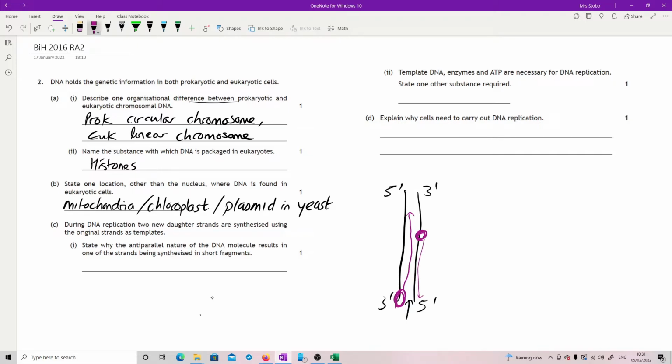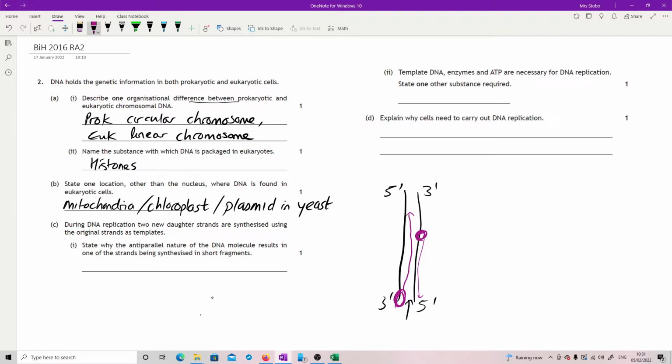Okay, so you're trying to give that information, which is tricky. Okay, so what you want to say is that polymerase can only add to one end, okay, so to the 3' end, and that is running from 5 to 3, okay, and that's your statement.